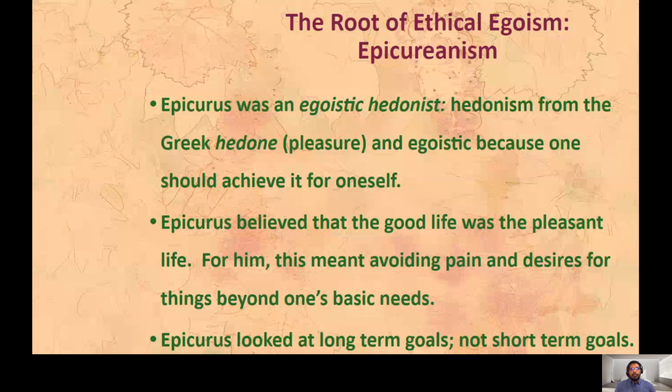Ethical egoism is rooted in the ancient philosophy called Epicureanism. The school is named after the philosopher Epicurus. Oftentimes, you might have heard of Epicureanism in a caricatured way. People say things like, the Epicurean philosophy is just eat, drink, and make merry, for tomorrow is not yours.